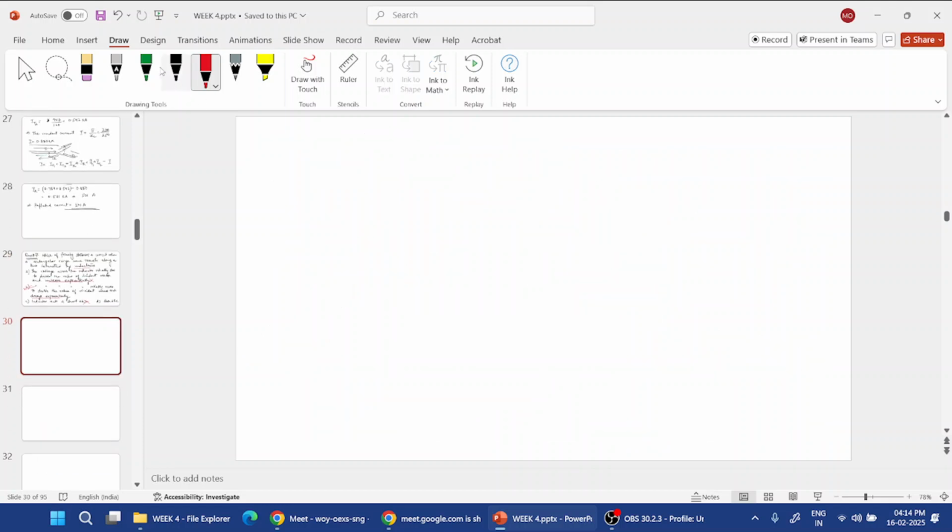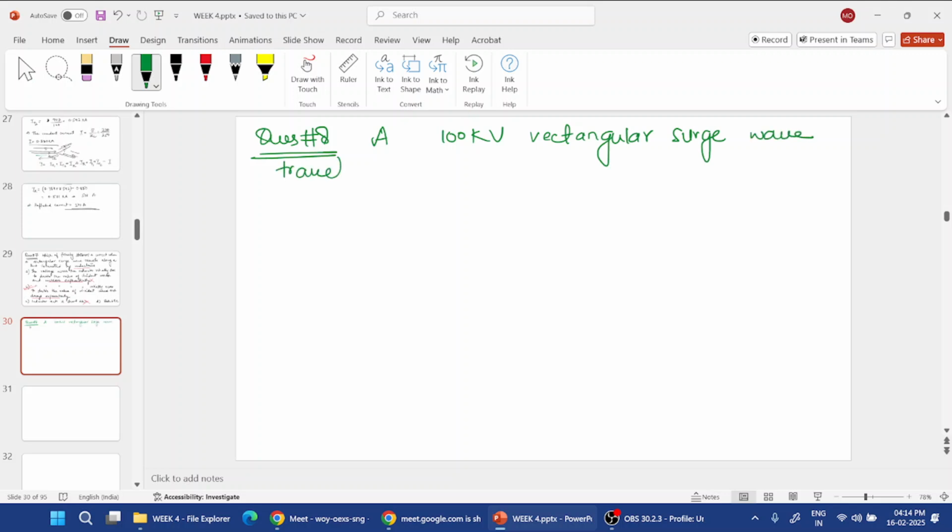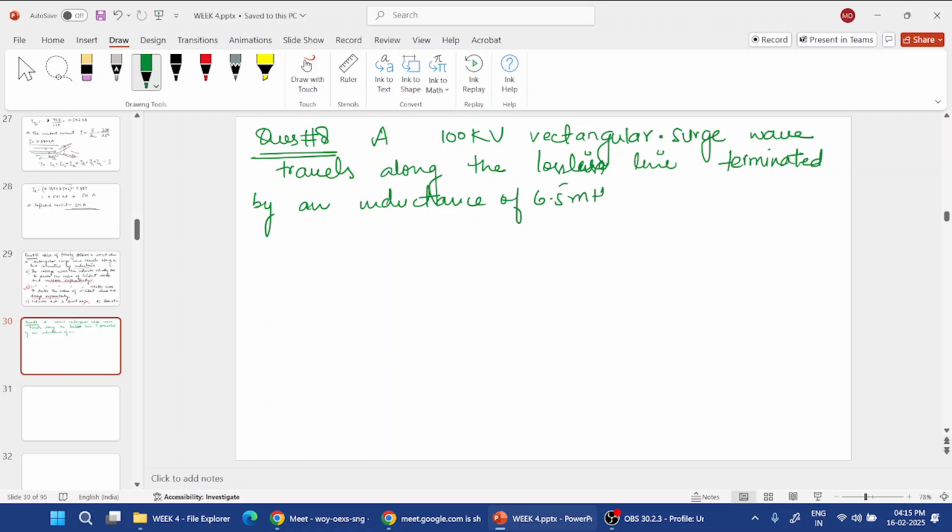Now, question number 8. A 100 kV rectangular surge wave travels along a lossless line terminated by an inductance of 6.5 millihenry.